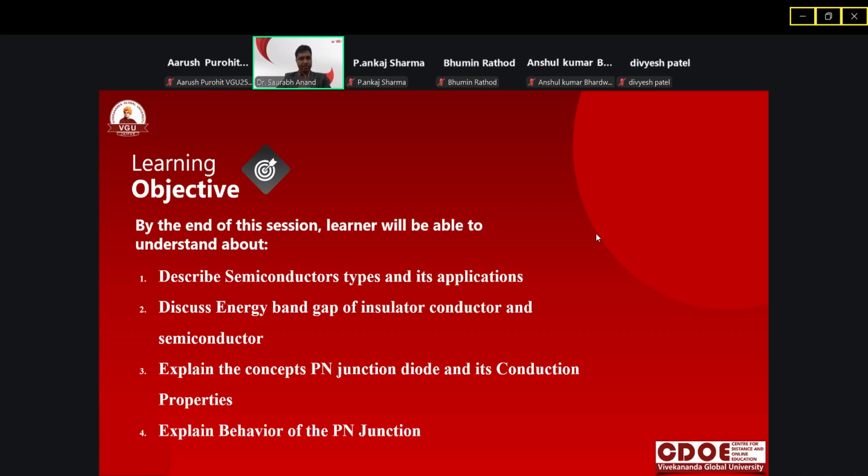We will discuss insulator, conductor and semiconductor material. You will also understand the concept of the p-n junction diode and its conduction property. A p-n junction diode is a switch that we generally use in electronic circuits, and we will understand how it works and its behavior.